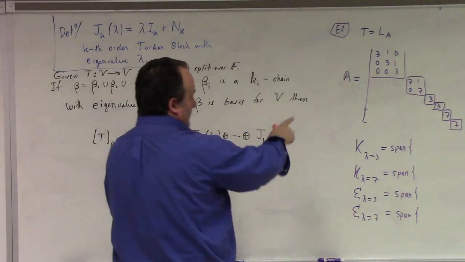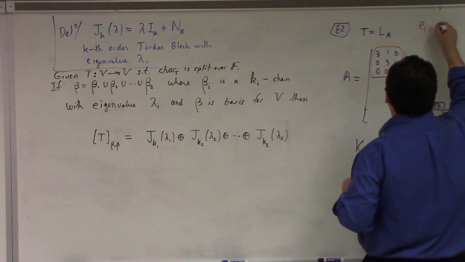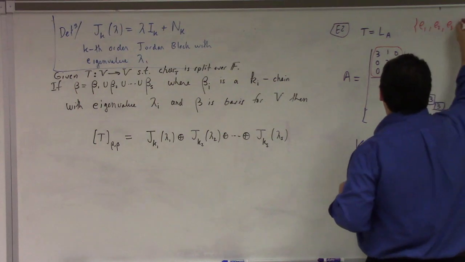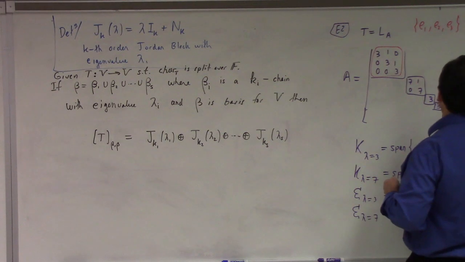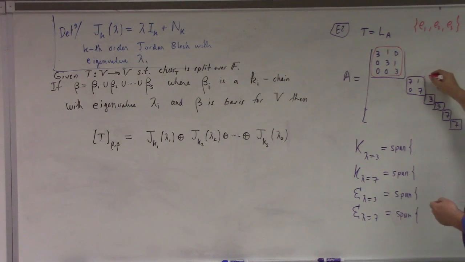This right here tells me that E1, E2, E3 is a 3-chain with lambda equals 3. This tells me that E4 and E5 is a 2-chain with eigenvalue 7. These are isolated 1-by-1 blocks, so these are just 1-chains, and a 1-chain is just an eigenvector on its lonesome.